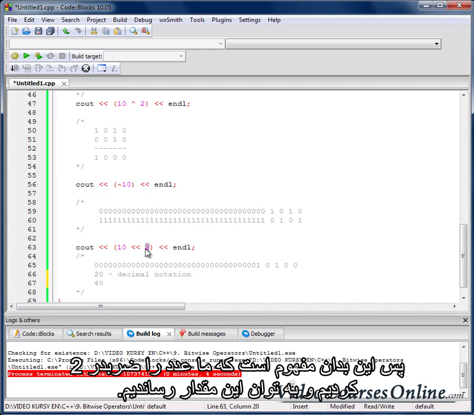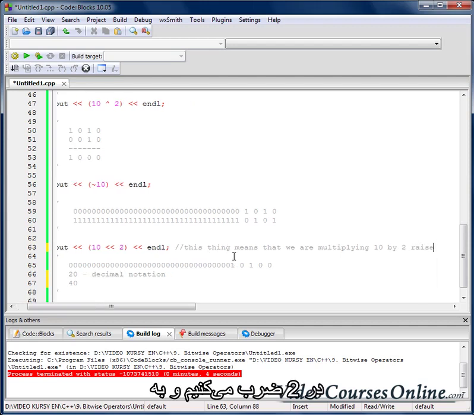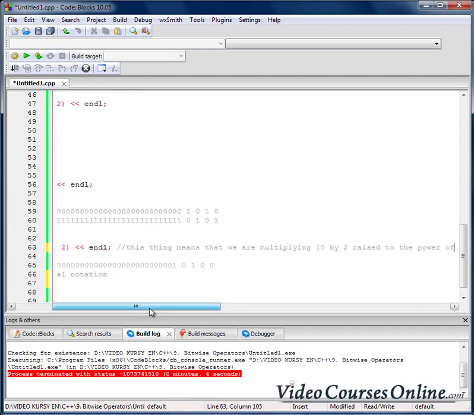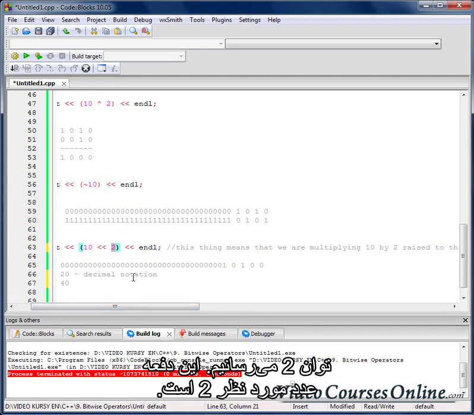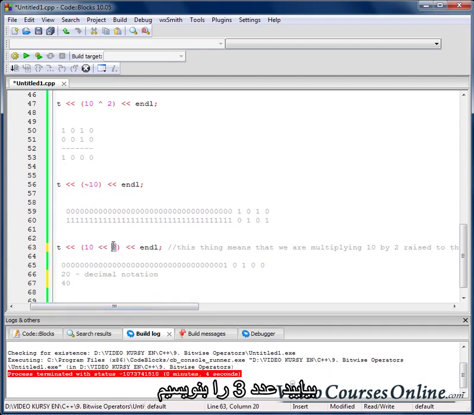So this means that we are multiplying by 2 raised to the power of that number here. So this means that we are multiplying 10 by 2 raised to the power of, this time it's 2, let's write maybe 3.